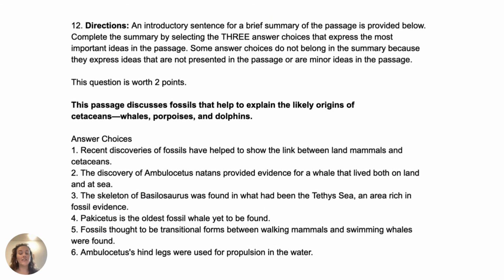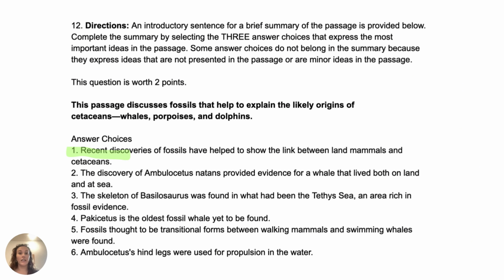Now we're going to go through all these answer choices and decide if they are correct or incorrect. Number 1, do you think it's correct or incorrect? Do you think it should be part of our summary? Number 1 is factually true, and it's not a minor detail. It's the main idea. So we do want to include it.